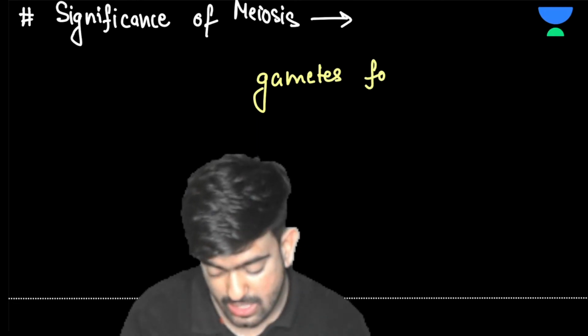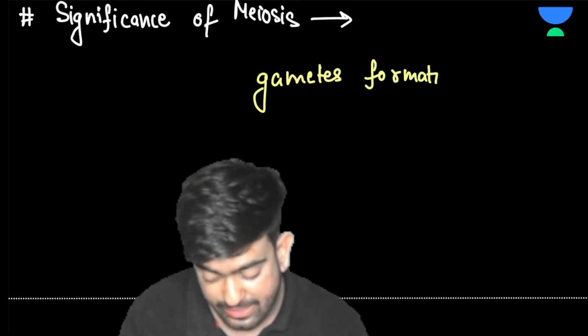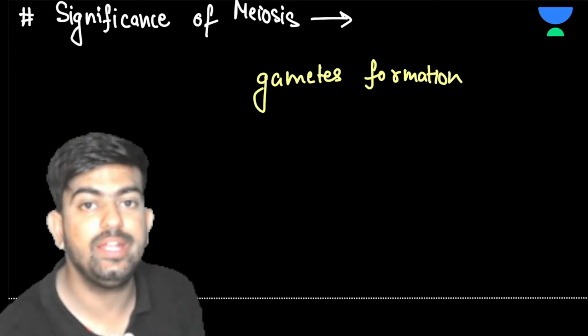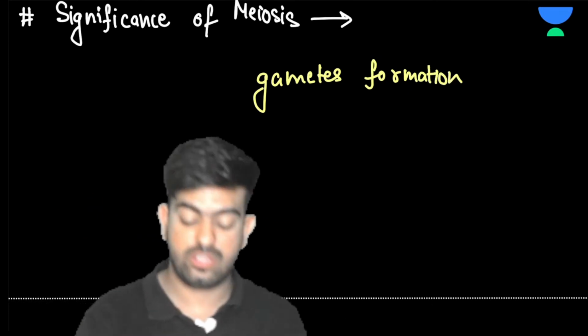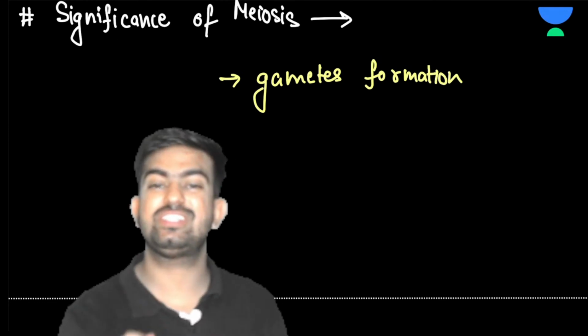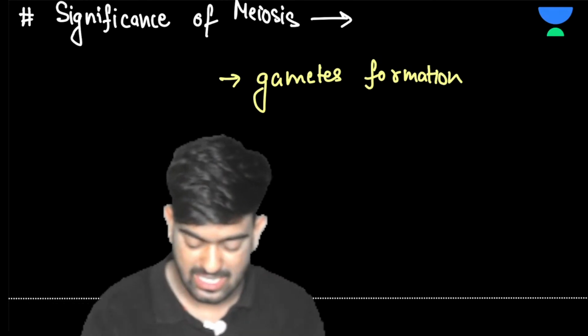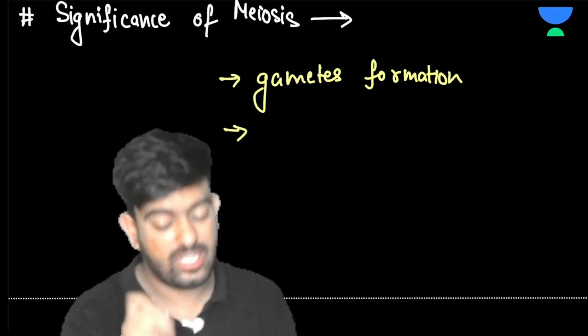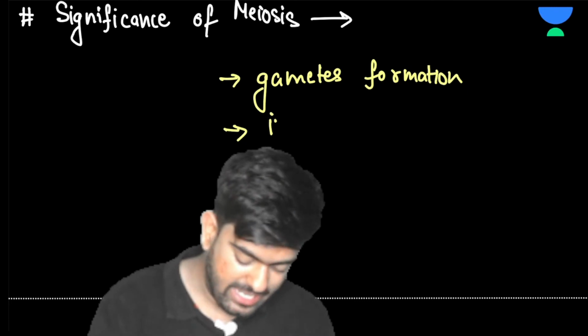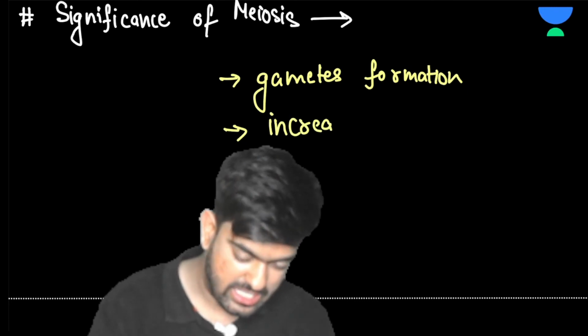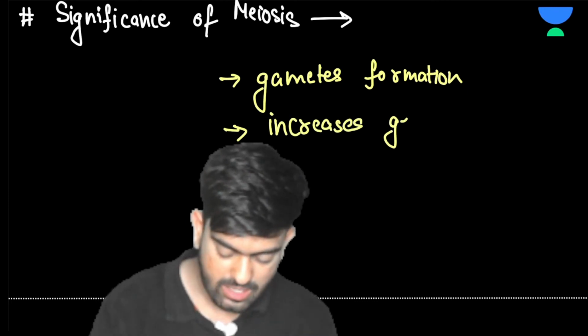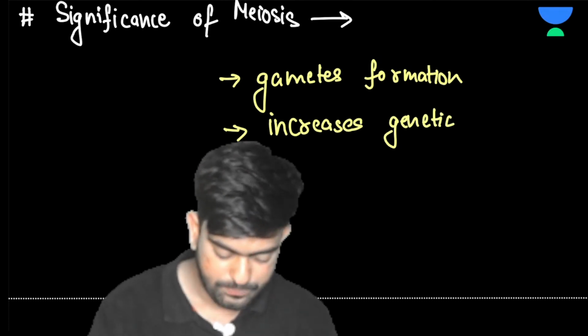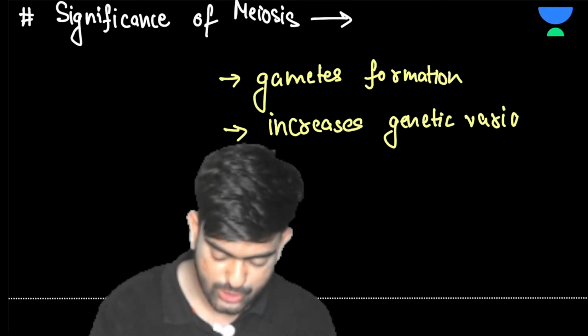Now, if you want to create a variation, where is variation created? Variation is created in meiosis only. Mitosis cannot create variation. So I can write here: increases genetic variability. Yes or no?